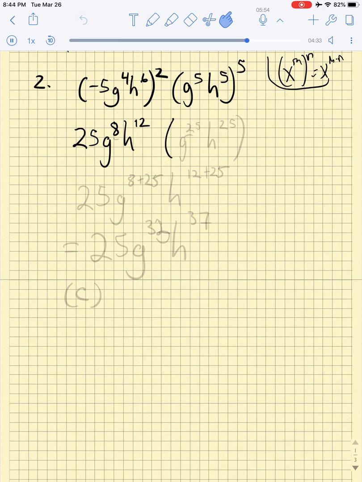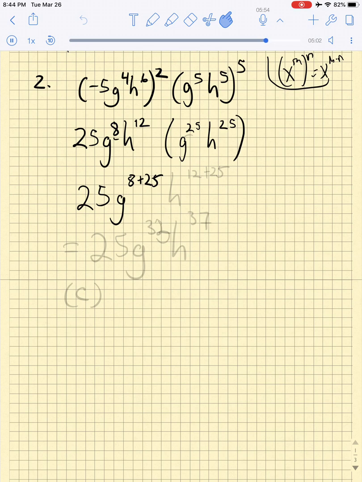Times g to the 5th raised to the 5 is g to the 25th, h to the 25th. Okay? Now we're multiplying, we're not raising anymore the exponent, so we say 25 g to the 8 plus 25, right?